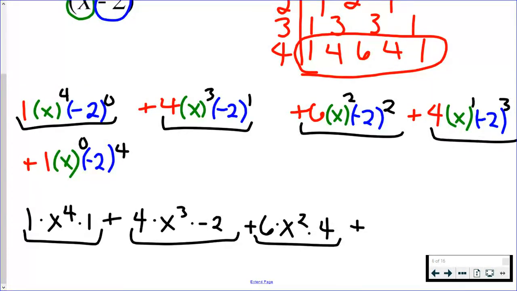Next, 4 times x to the first is just x. Negative 2 to the third power is going to equal a negative because 3 is an odd power. Negative times negative times negative is still negative, and this is a negative 8. Please remember all of these are being multiplied in these little groups that I'm underlining.